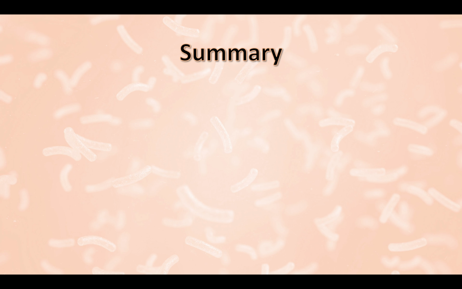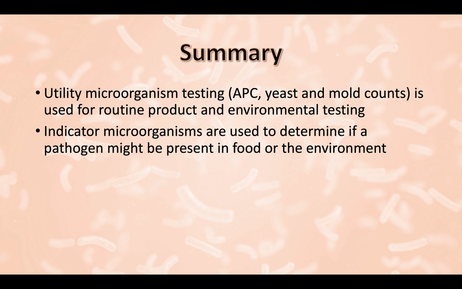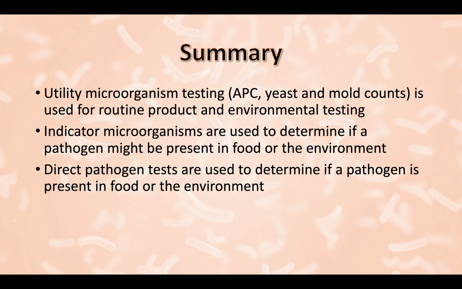In summary, utility microorganism testing is used for routine product and environmental testing. Indicator microorganisms are used to determine if a pathogen might be present in food or the food processing environment. Direct pathogen tests are used to determine if a pathogen is present in food or the food processing environment.